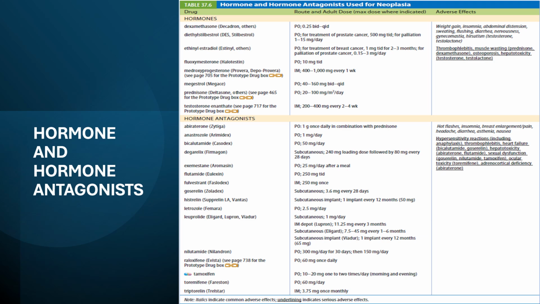Drugs in this group, bicalutamide, nilutamide, and flutamide, are all administered per os and are used only to treat prostate cancer.